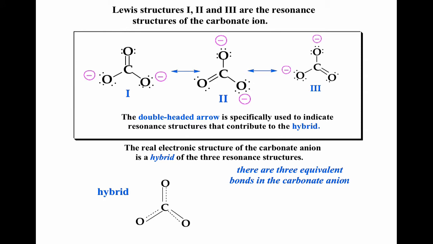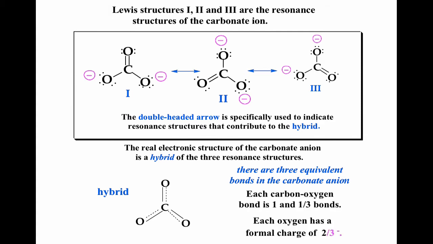okay? There are three equivalent bonds to the carbonate anion, meaning all carbon-oxygen bonds are equal. What's this dashed business? Yeah, it's a partial bond. It's kind of like a double bond, but it's not quite yet, right? And so that exists all over. So if you took all three of these structures and you laid them on top of one another, this is what the hybrid would look like, right?